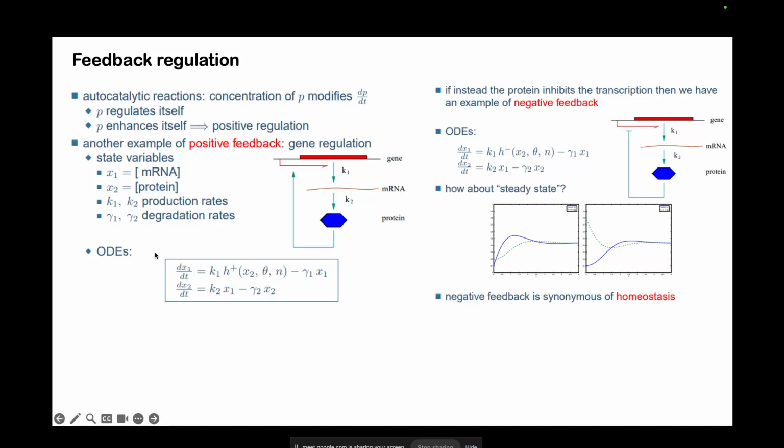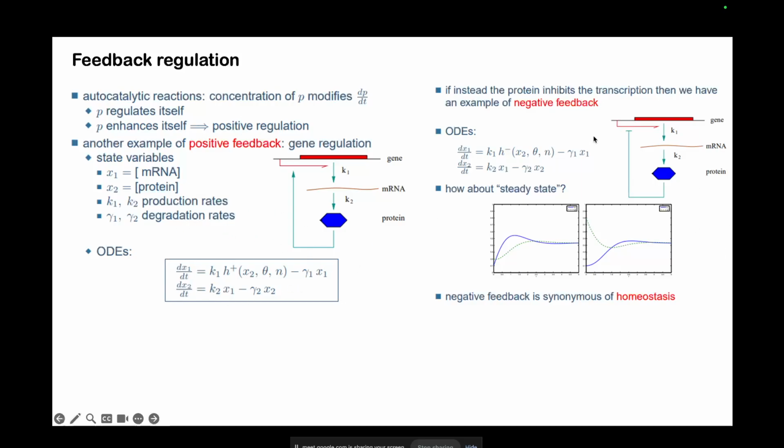You can directly use the Hill equation for the production, and gamma 1 x1 is the degradation, or using up, of that element. Same with x2, but in this case there's no Hill equation involved, because it's a direct formation of a protein from K2. There's no binding or anything like that involved. So this is a type of ODE that shows positive feedback.